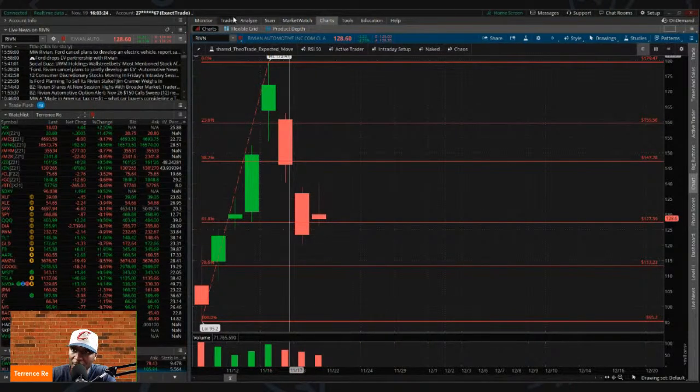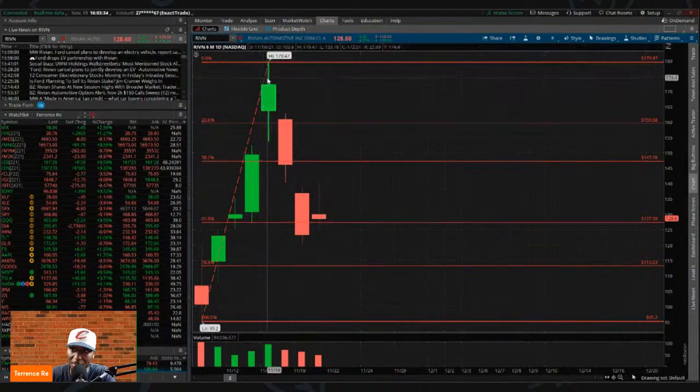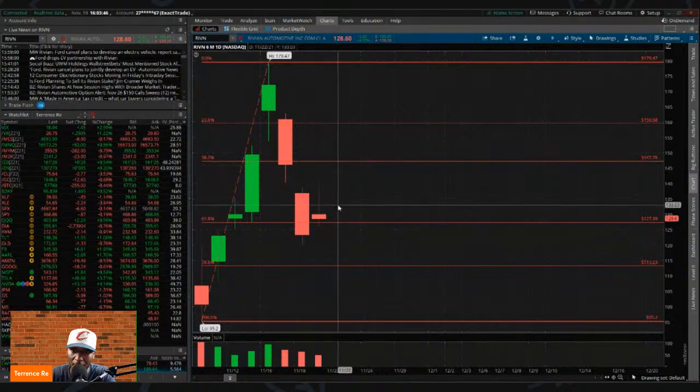I think the statement should have been made earlier. I think they had in mind what they were going to do, so they kind of led investors on. If you bought up here, you're hurting right now. You're down about 50 from the high of 179. So let's see what it's going to do. If I had to make a guess, I'd say it's going to continue to go down.